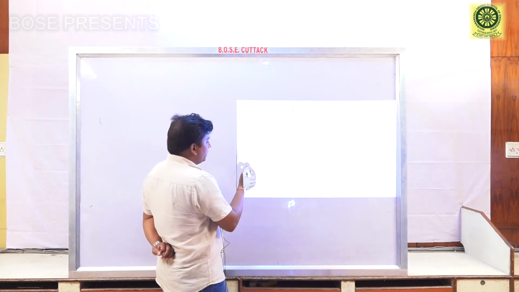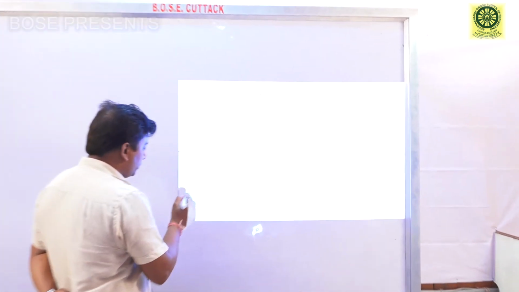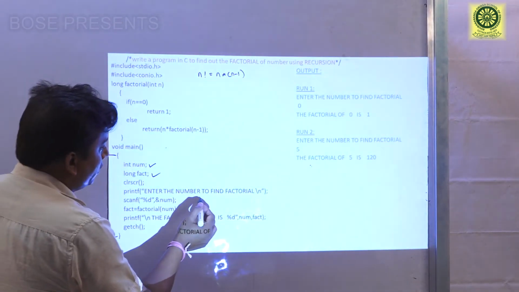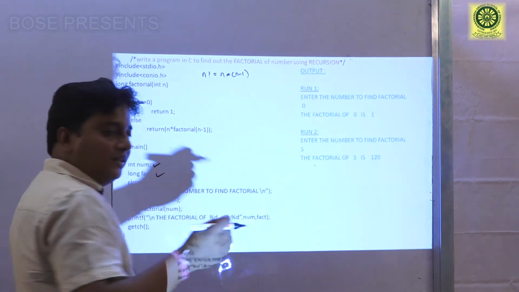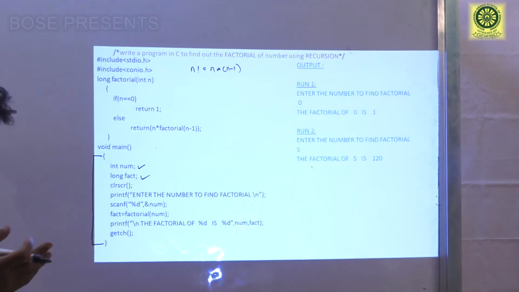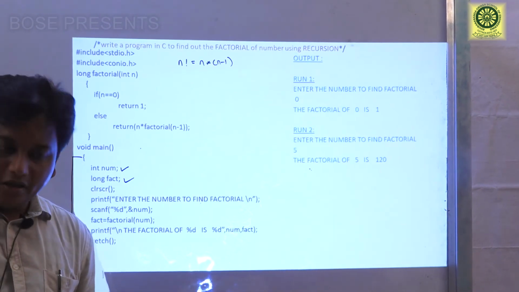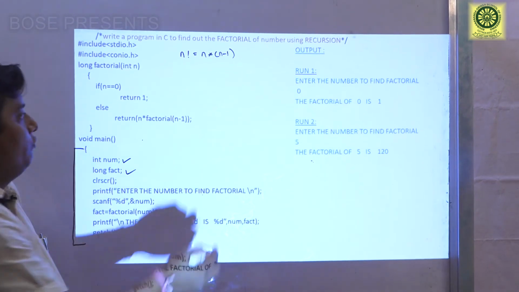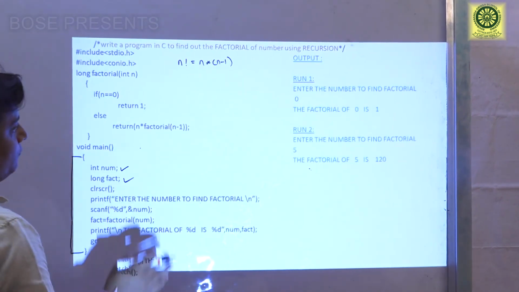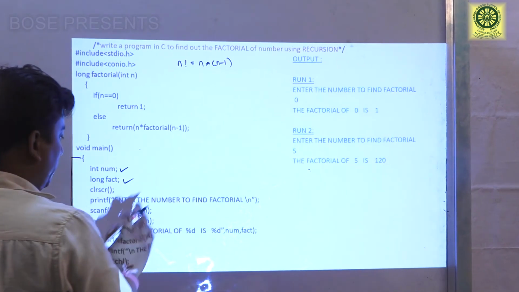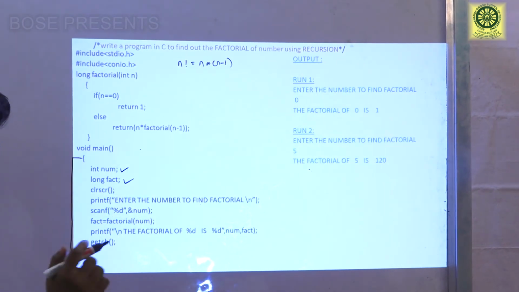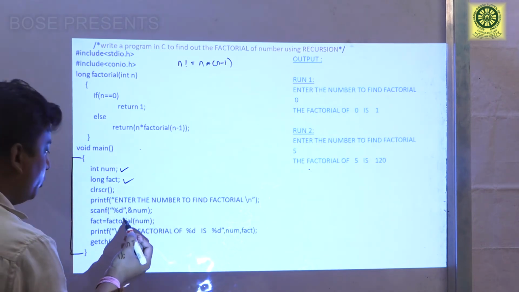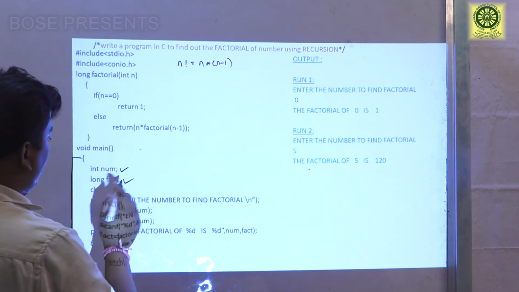In the next line, the clear screen function clrscr is written, and here in the printf statement I have written enter the number to find the factorial. That means the computer is asking the user to give an input number whose factorial you want to calculate. For an example, we'll run it later. In this scanf, the user input number will be stored in num.